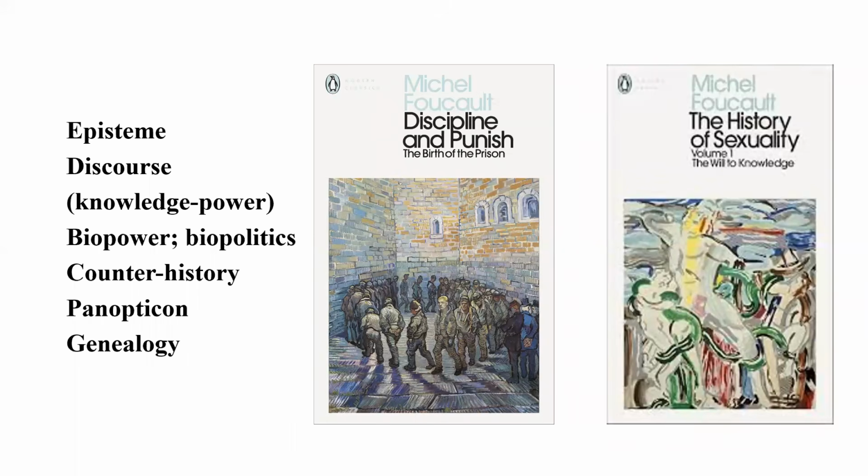That's why I also refer to Michel Foucault in my thesis when I wrote on counter narrative, opposite storytelling, counter story. So episteme means knowledge. Discourse is the relationship between knowledge and power.